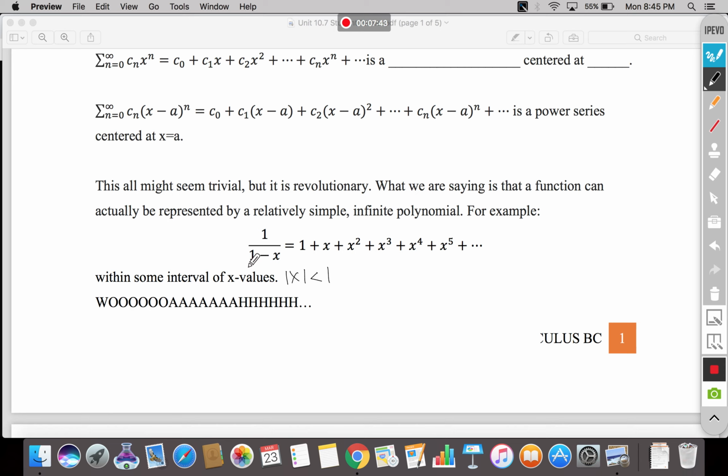As we've seen in calculus, functions are fairly complex to deal with in different ways. But polynomials are super easy. All they deal with is addition and multiplication when we take derivatives and integrals. And computers deal with addition and multiplication really easily too. So being able to equate complex equations to these infinite polynomials is really powerful.